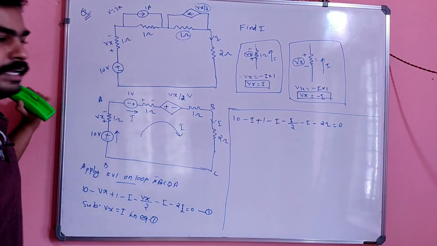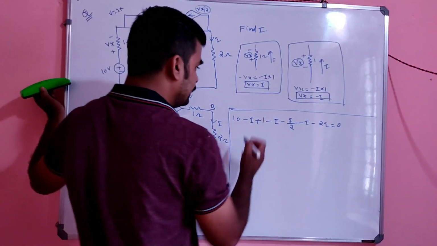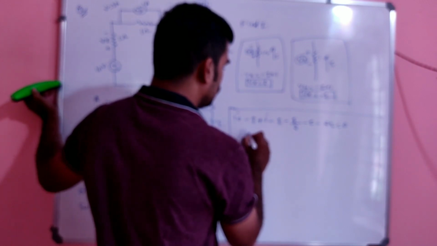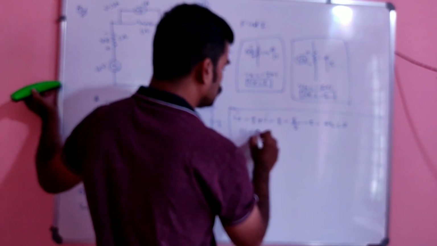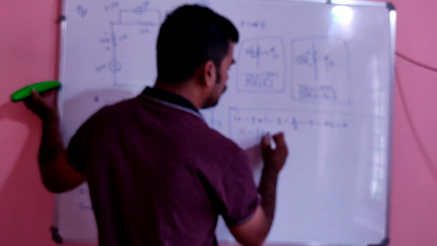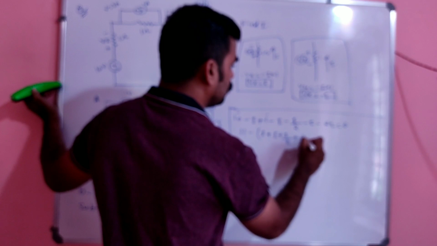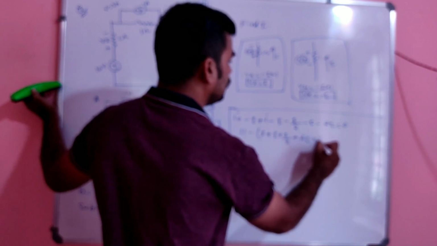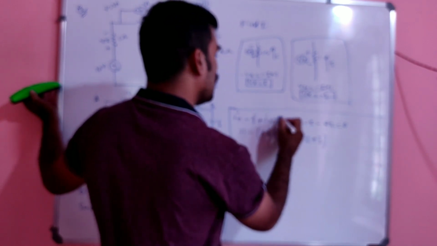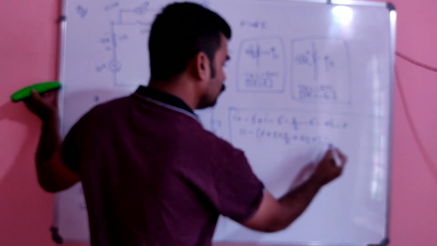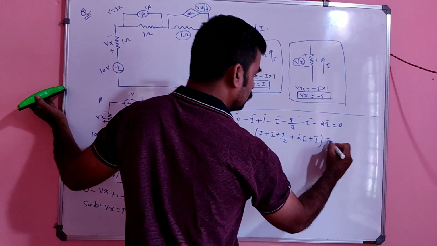This equation contains only I terms, with 10 plus 1 giving 11, and all the rest are minus. Taking I common: I plus I by 2 plus 2I, plus again I, gives 3I, plus I by 2, minus 2I, all equal to 0.